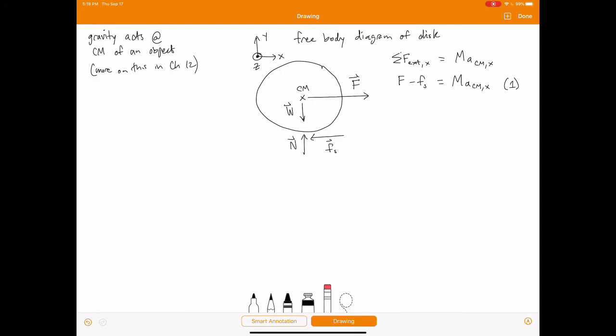Another thing we can write to describe how this thing is moving is a torque equation, or the rotational version of Newton's second law. The net external torque in the z direction is equal to I, the moment of inertia of this wheel, times alpha_z.